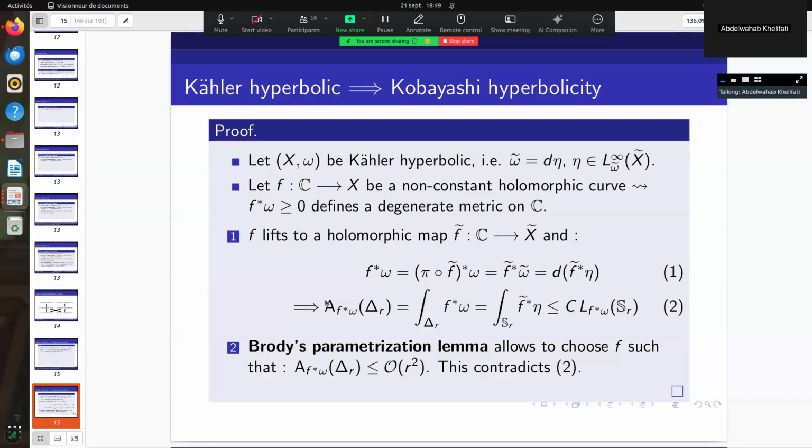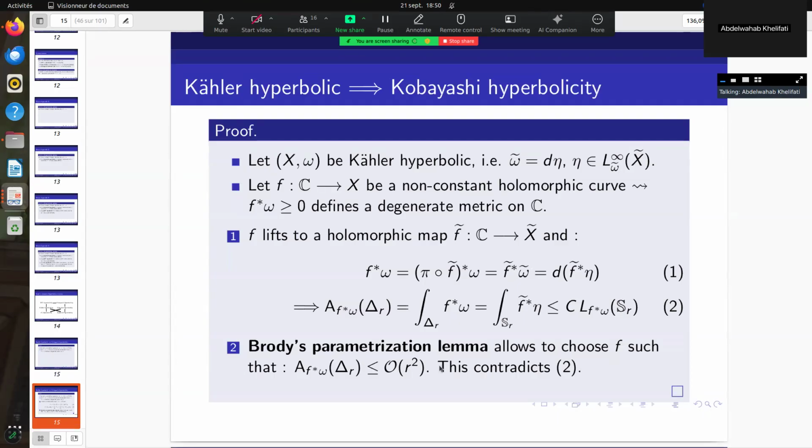And you show that you have a linear isoperimetric inequality of the area of the disk in terms of the length of the perimeter of the sphere. And thanks to the Gronwall lemma, you can show that this inequality implies that the volume growth of the disks with respect to the pullback of omega is more than exponential, which is a contradiction.